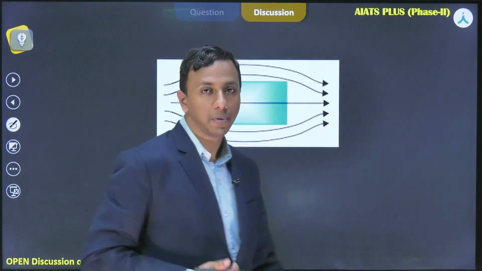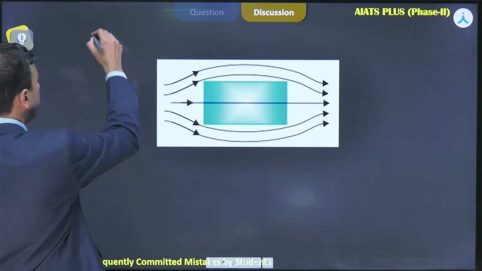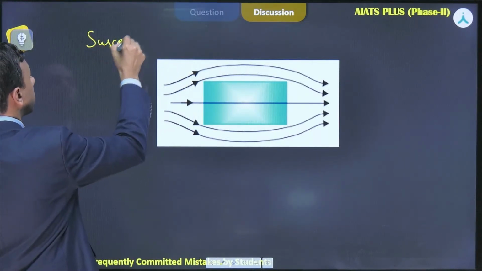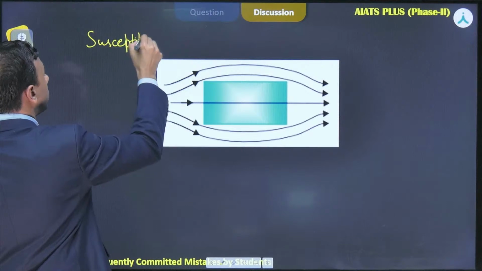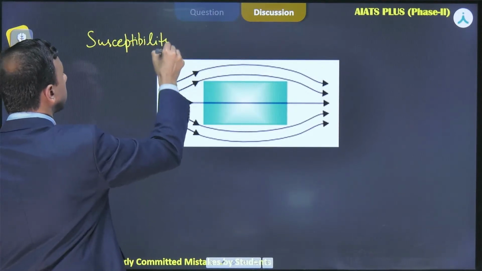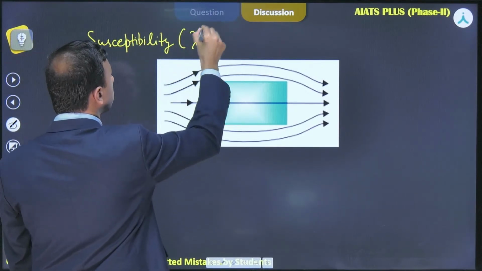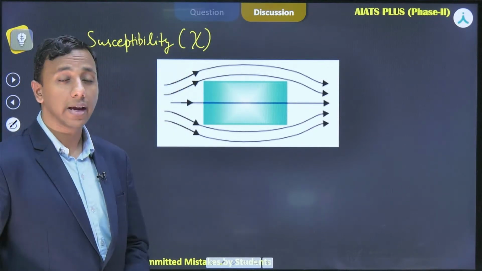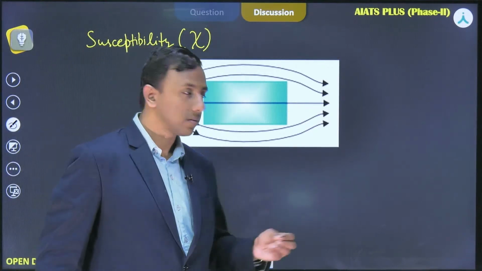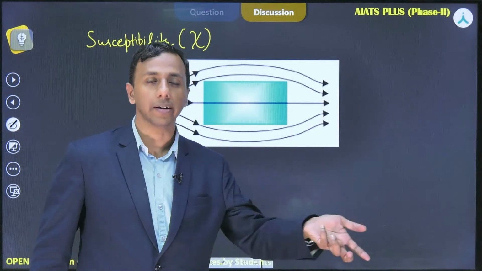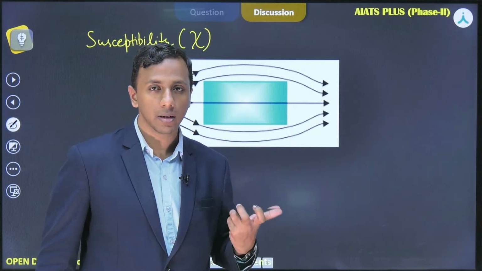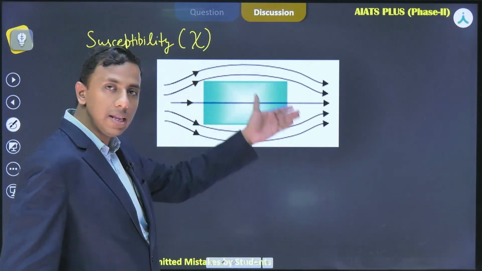And what does this susceptibility do? What does it measure exactly? It measures how much that material is being attracted to or being repelled by that external magnetic field.